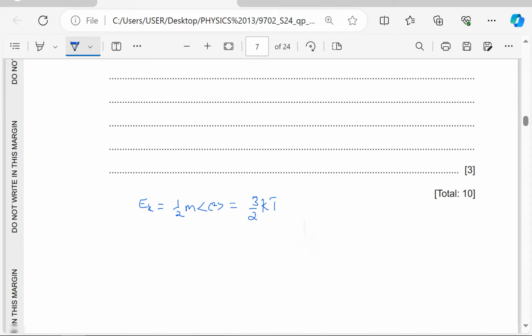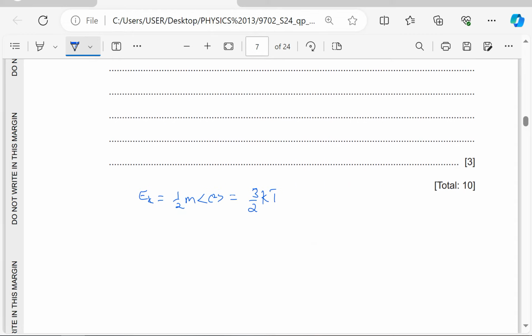So if I make c squared the subject, the mean square speed is going to be equal to 3kT divided by m.